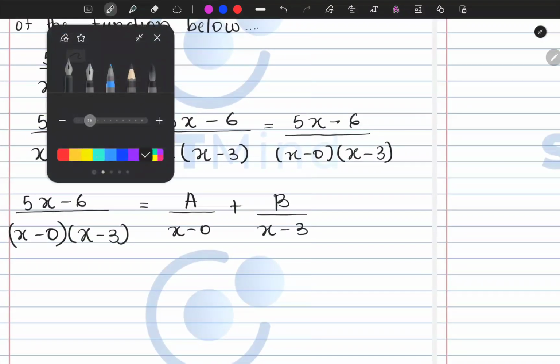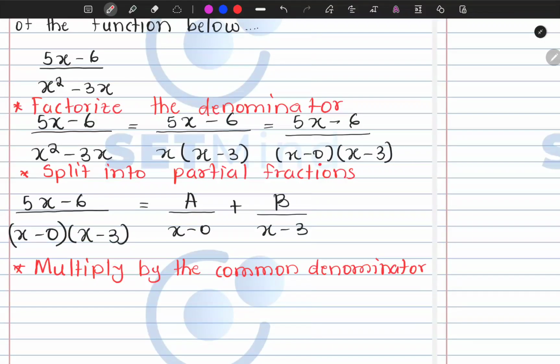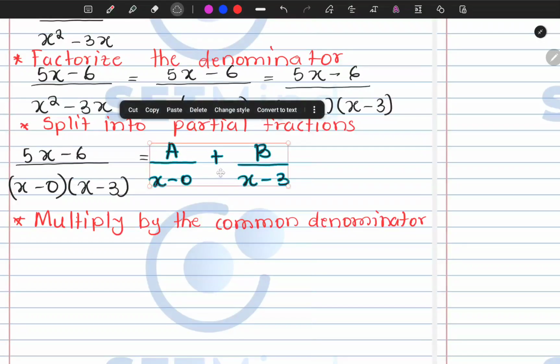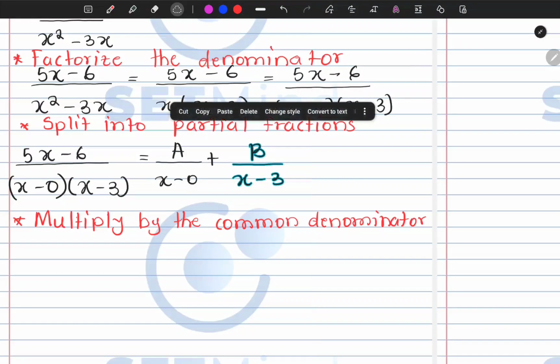Remember that what we do is we then multiply by the common denominator. Here we were splitting this into its respective partial fractions. The next step is to multiply by the common denominator. And what we do on the left, we do on the right.